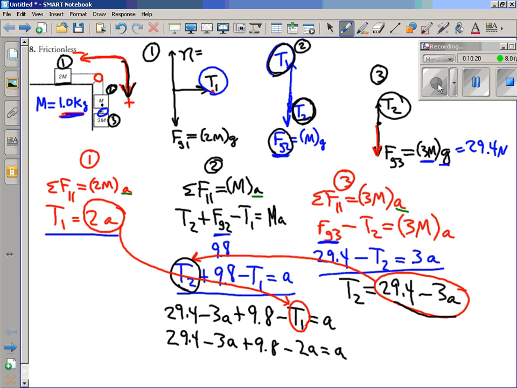Now, if we combine like terms, you can solve for a and get 6.53 meters per second squared for the acceleration.